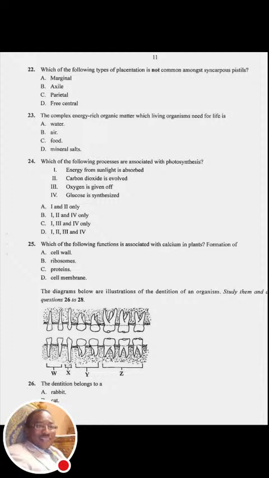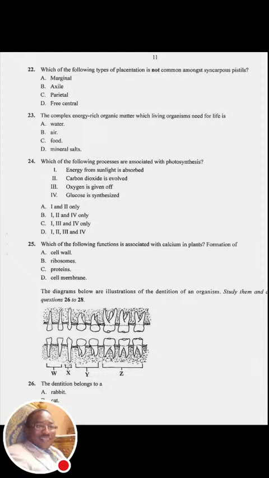Question 23. The complex energy-rich organic matter which living organisms need for life is A, water; B, air; C, food; D, mineral salt. The correct answer is food. That is what gives energy-rich organic matter for living organisms. Food, not air, not water, not mineral salt, all right?